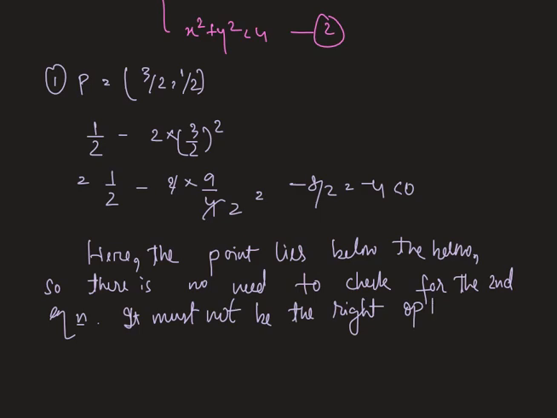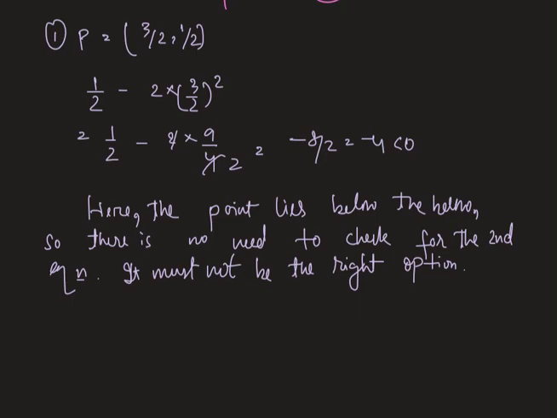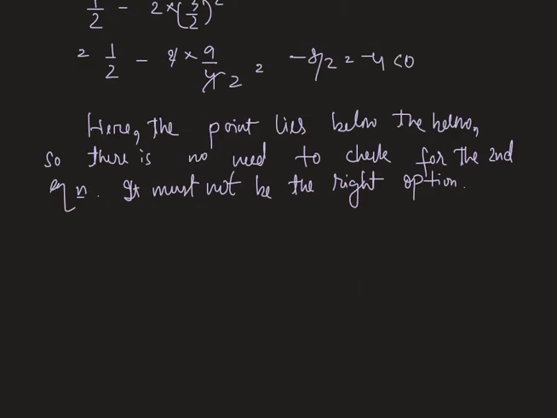Okay, now let's see the next one. So the next point is point Q, which is (1/2, 3/2). Now let's check for the first equation, y minus 2x squared.